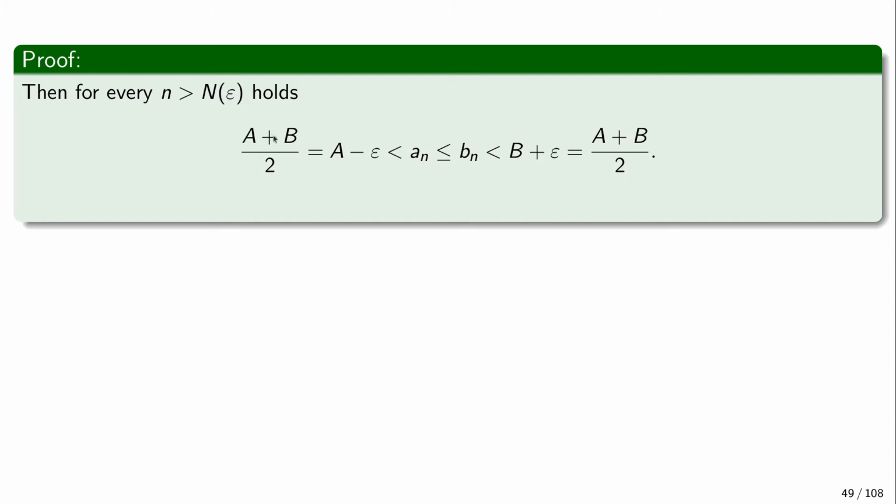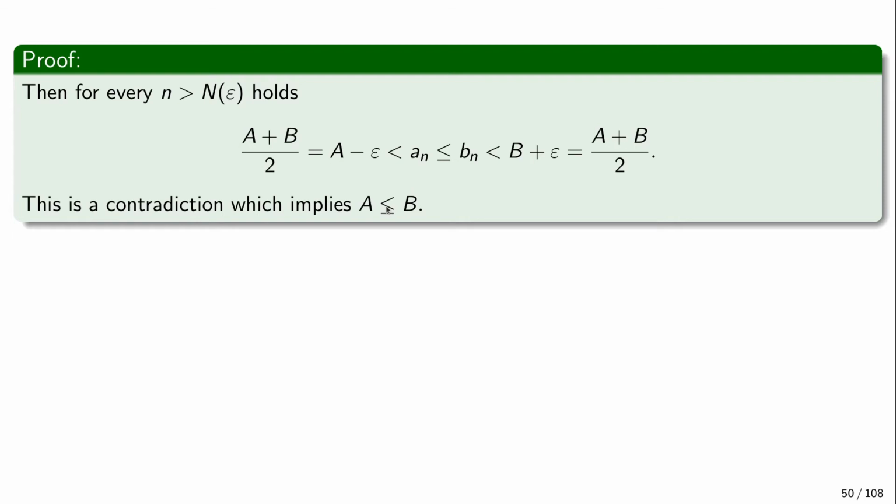We have that the number a plus b over 2 has to be smaller than a plus b over 2, and this is a contradiction because no number is smaller than itself. 5 is not strictly smaller than 5. And this contradiction implies that a is no bigger than b.